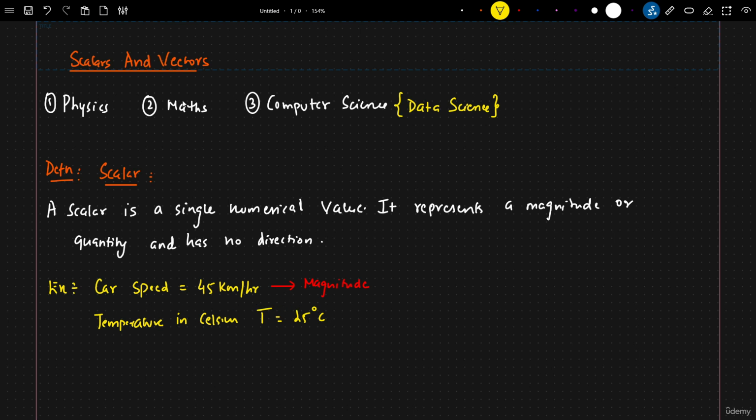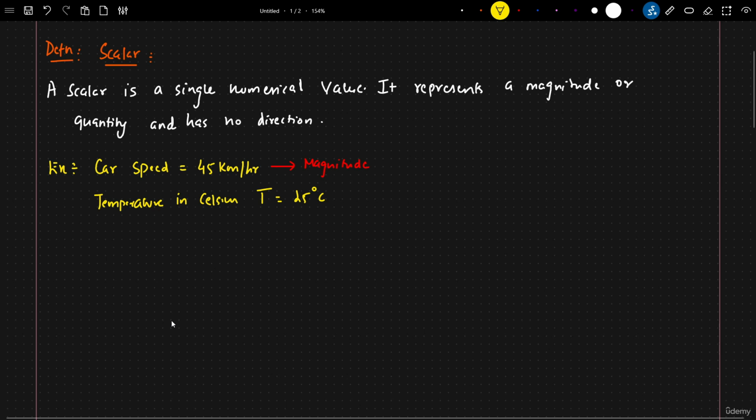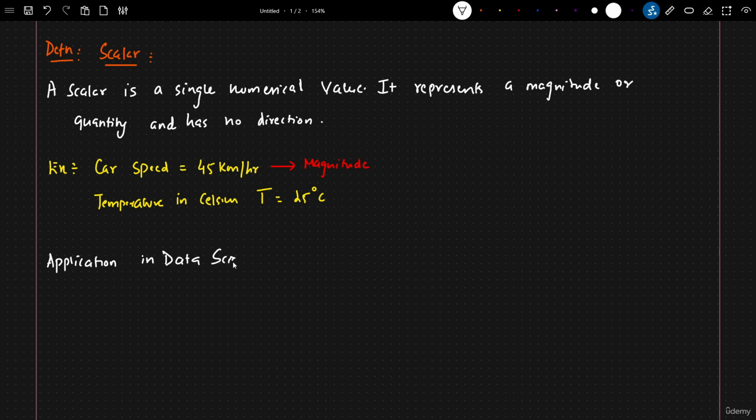So I would also like to give you some applications of scalars specifically in data science. Let us write application in data science. As I said, a scalar represents a single numerical value.